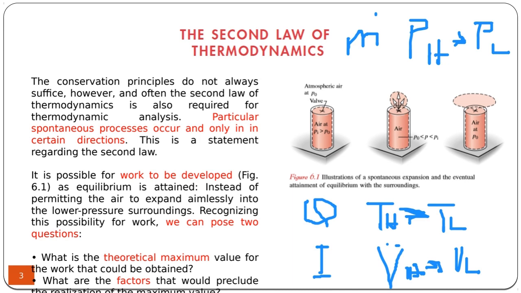And also, by using the second law, we will be able to find out the maximum attainable work from a system. So we will be dealing with the factors that will affect the performance of a system or efficiency of a system, which are related to the second law of thermodynamics.